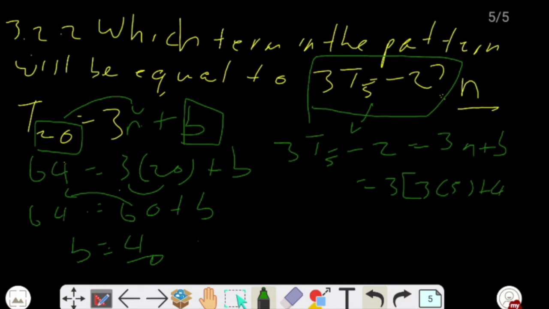It's plus 4, it's minus 2, close bracket, and then if you calculate that, should be 3 times this is 15, and then it's 4 minus 2 is 2, 30 times 3, you will get 55.